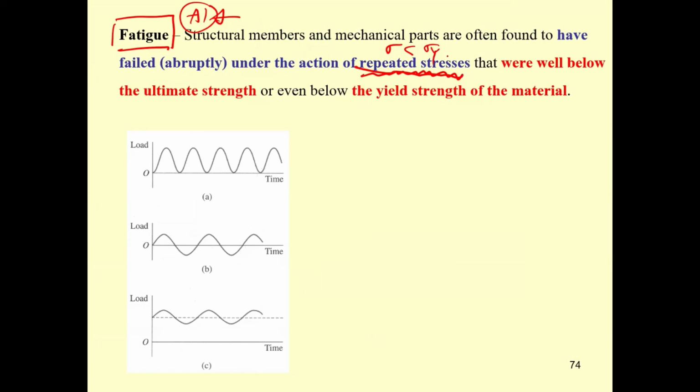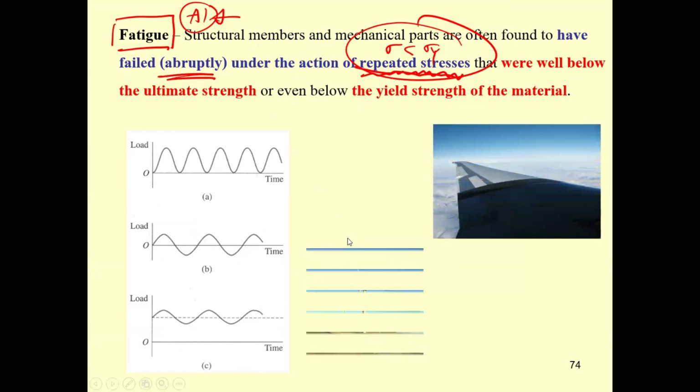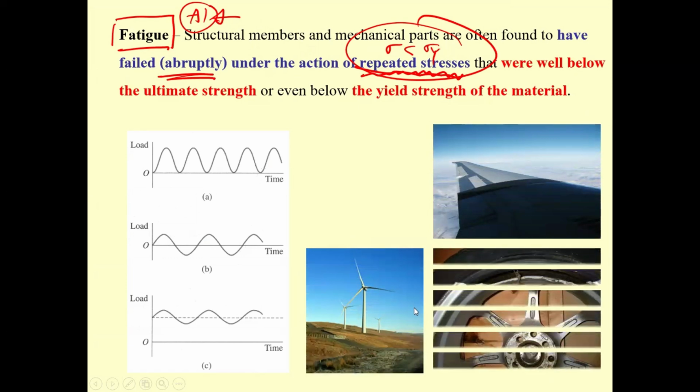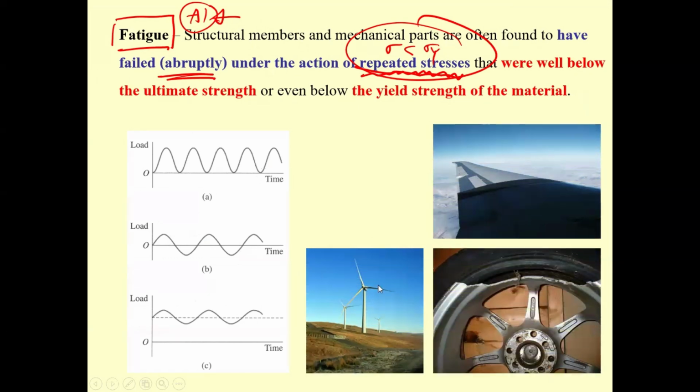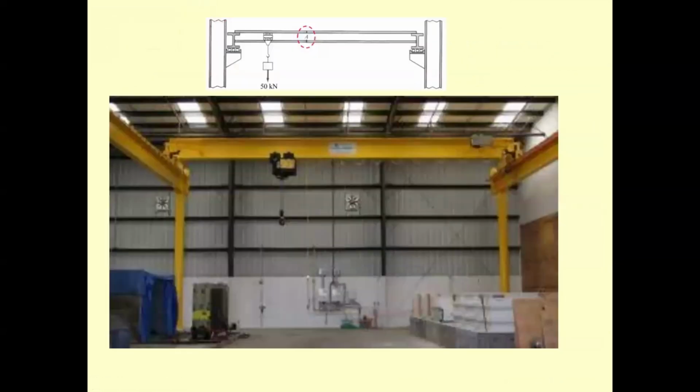The ductile material, when subjected to this, may fail abruptly like a brittle material. The wing of the airplane, also the turbine of the wind tower generator, also the wheel of the race car, are subjected to repeated load. So you've got to consider it.